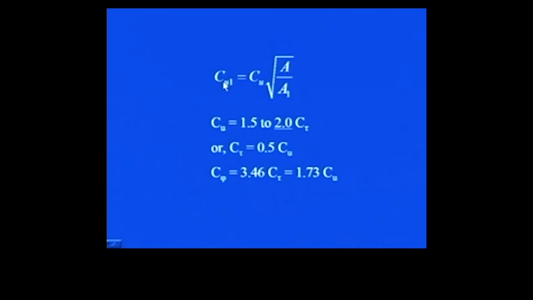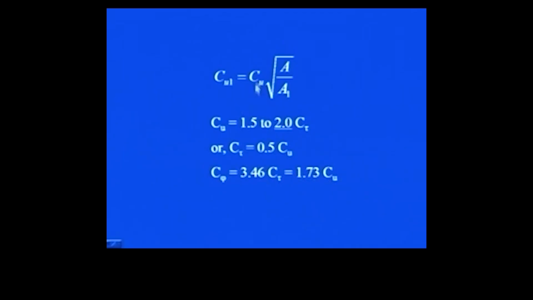Once this Cu value is known to us, we can substitute here in this expression and get the value of C tau. Then again we know that C phi is equal to 3.46 C tau. All these things we have already discussed in the last class. If this C tau is half of Cu, you substitute this expression here, and that will result in 1.73 times Cu.